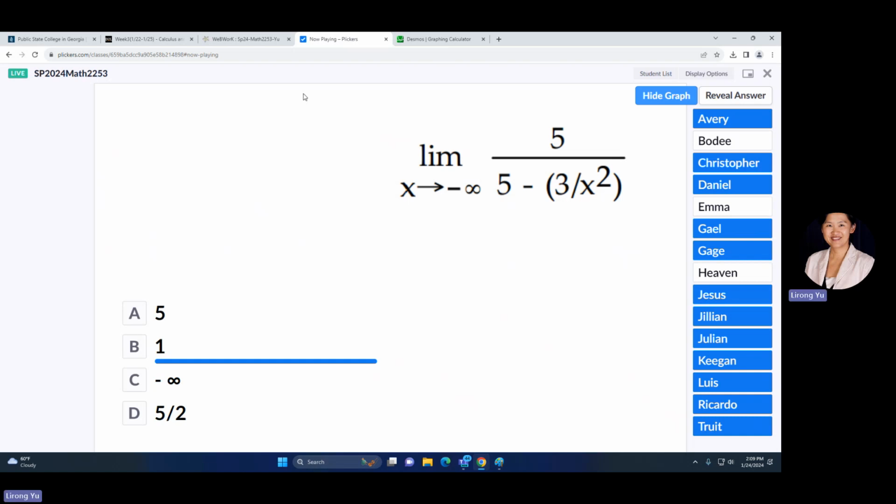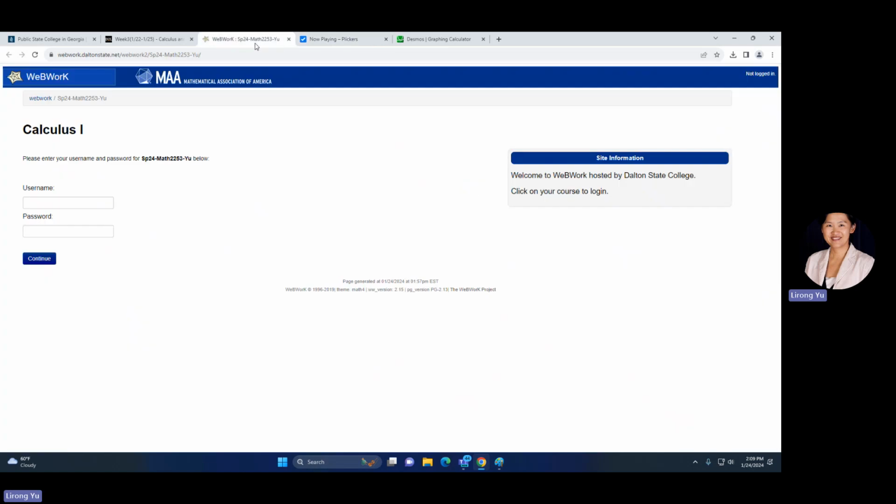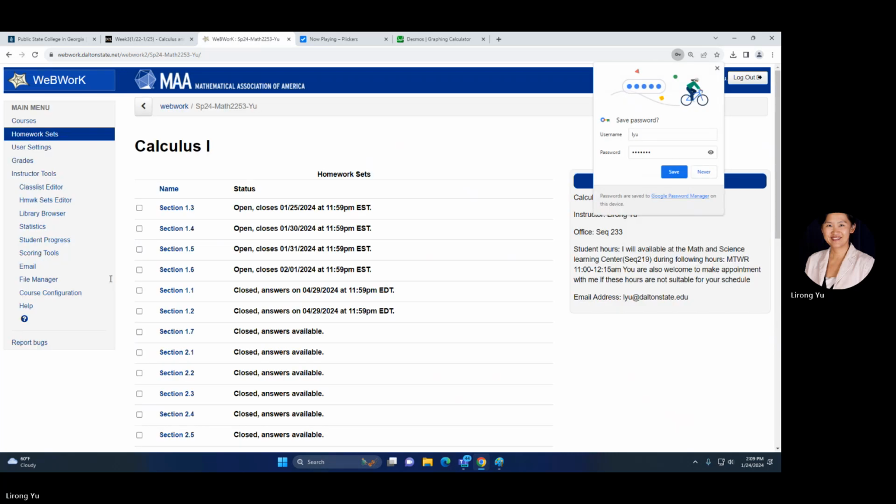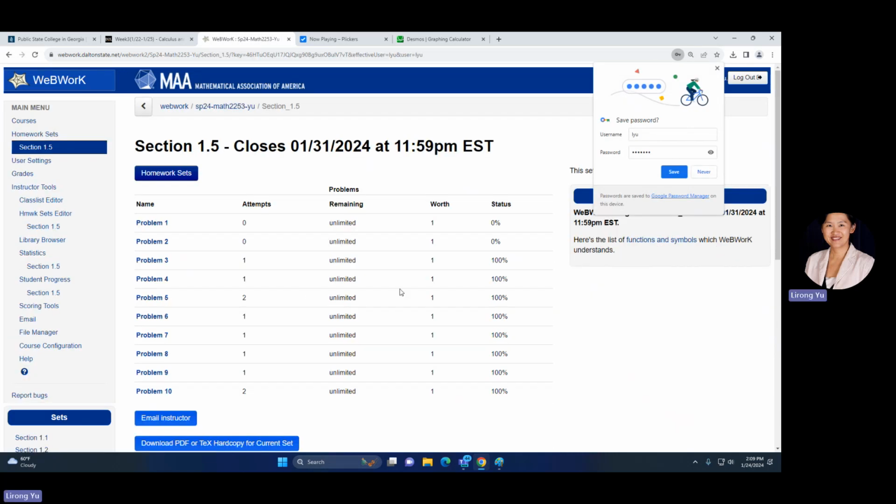Right. Yesterday we started talking about limits involving infinity, so we're going to try to look at the first few questions. In class, I did most of section 1.5. If you still have any confusion about this example, feel free to ask about it.